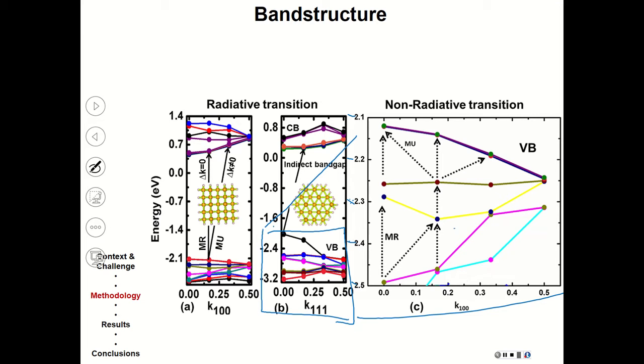And as Javed said, electrons can travel from one k-point to any other k-point. It doesn't mean that these paths are only what I have shown here. I just showed a couple of them.